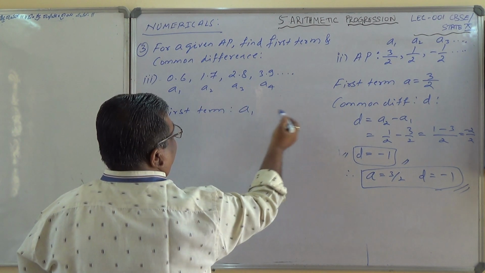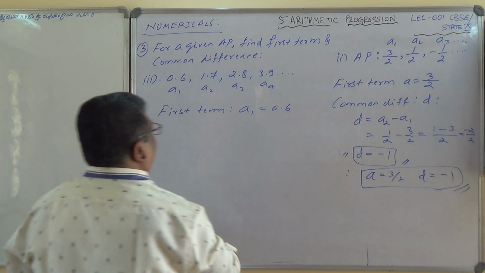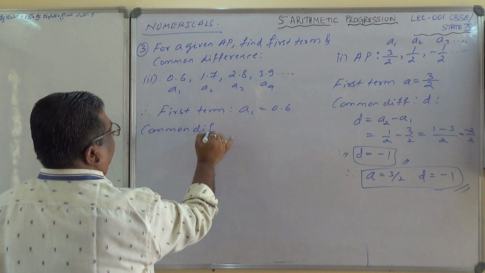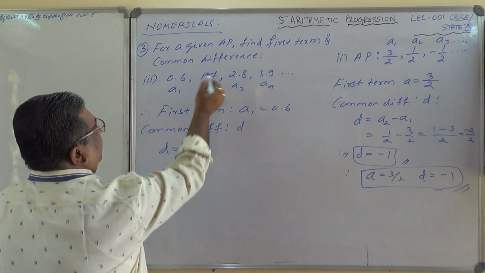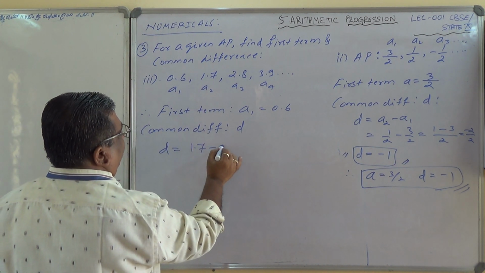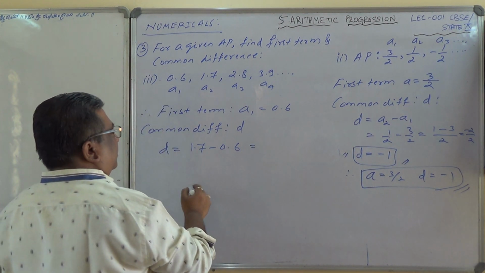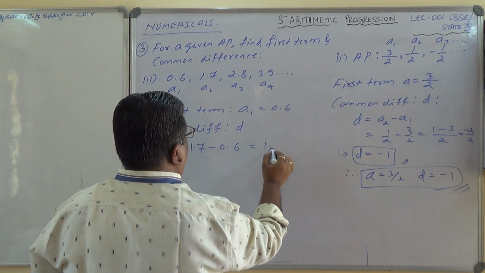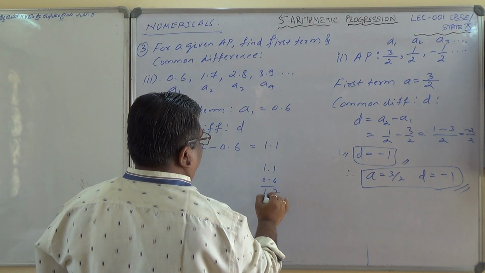This time I am writing A1 equals 0.6. Common difference, let it be D. Therefore, D equals 1.7 minus 0.6, which is equal to 1.1.